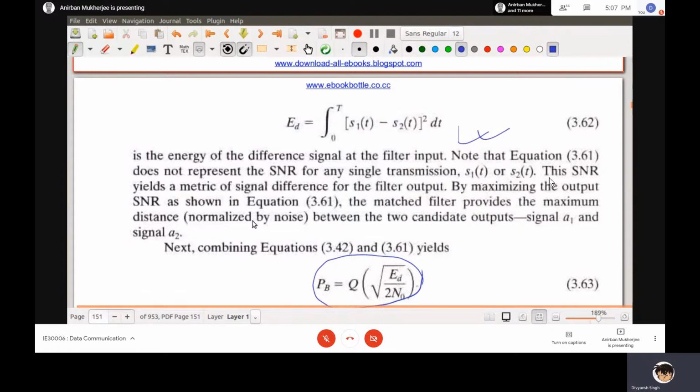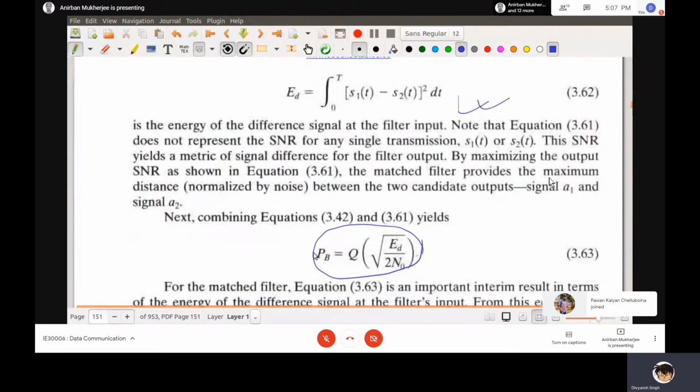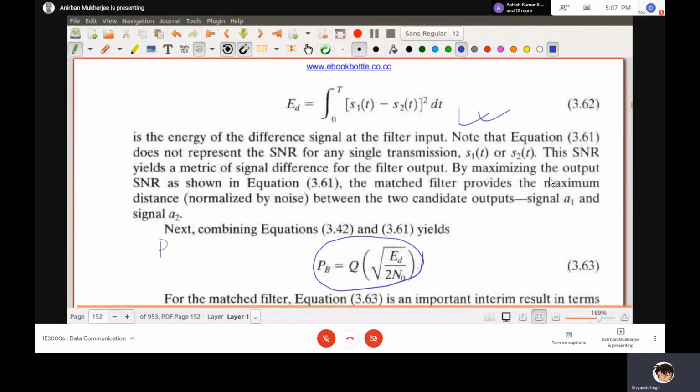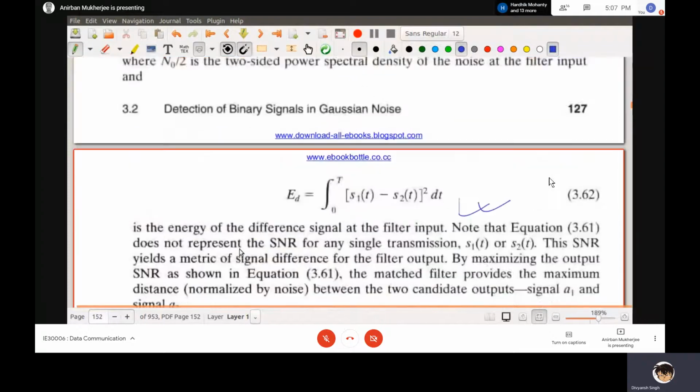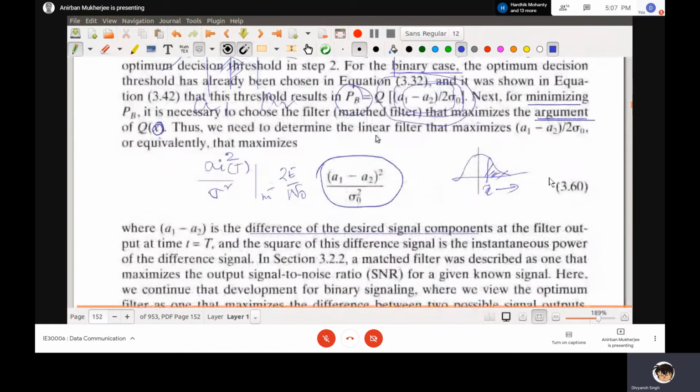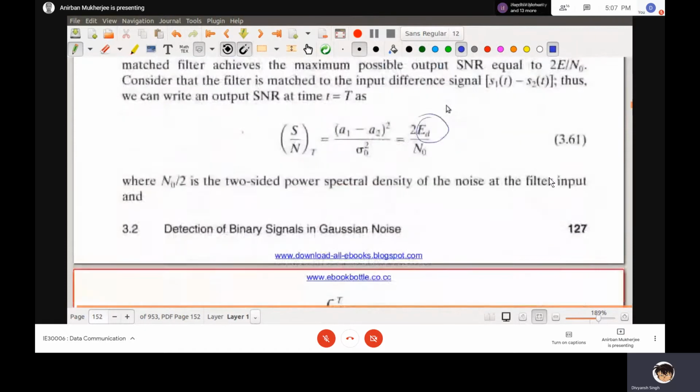Now if I maximize this ED, then what will be my probability of bit error? If you can remember, the probability of bit error was Q of (A1 minus A2) by 2 sigma 0.